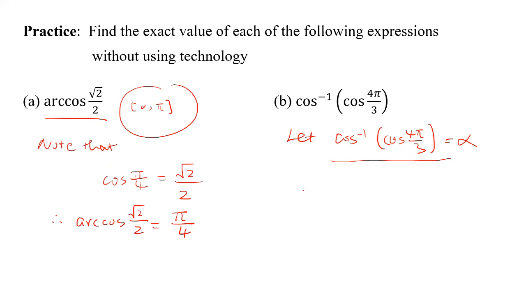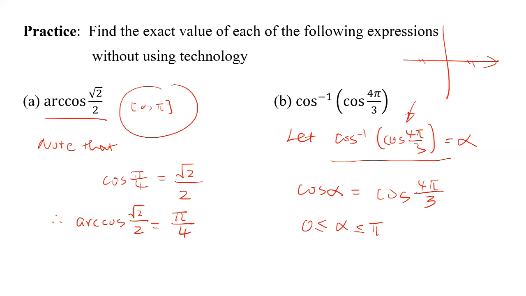Then we know that the cosine value of alpha must equal cosine 4 pi over 3, right? And we know that alpha is, of course, within 0 to pi. So in the interval from 0 to pi, we must find an angle alpha such that cosine alpha equals cosine 4 pi over 3, right?